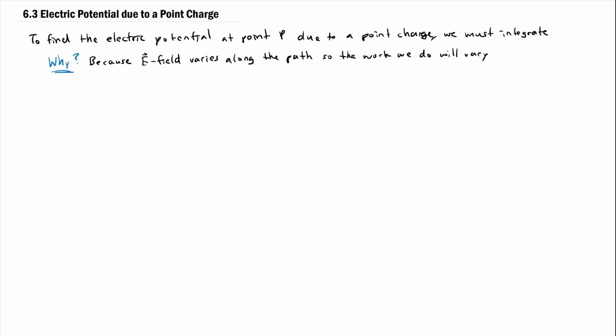So then the simplest path would be a straight line from infinity to point P.